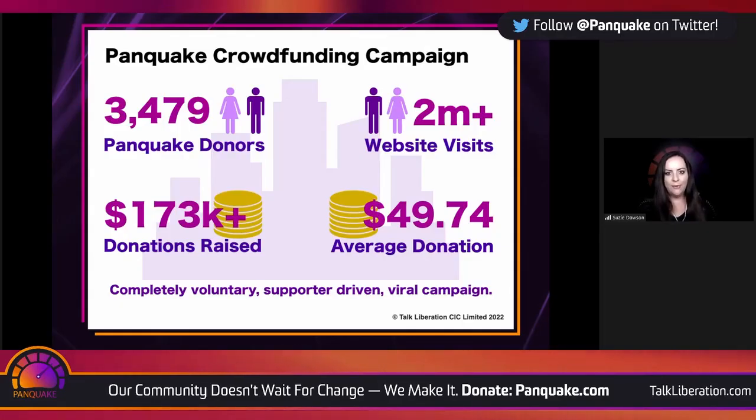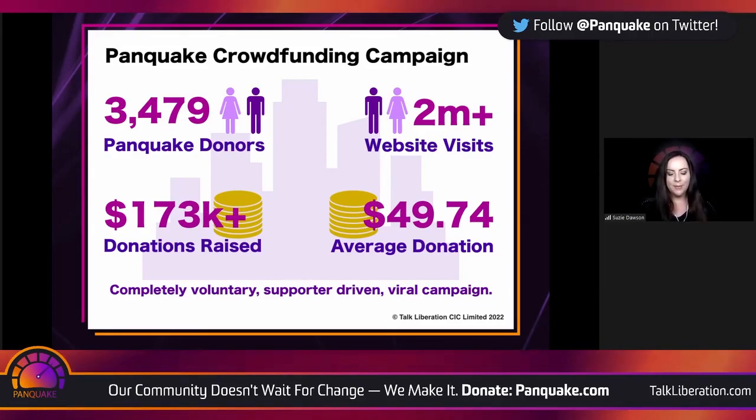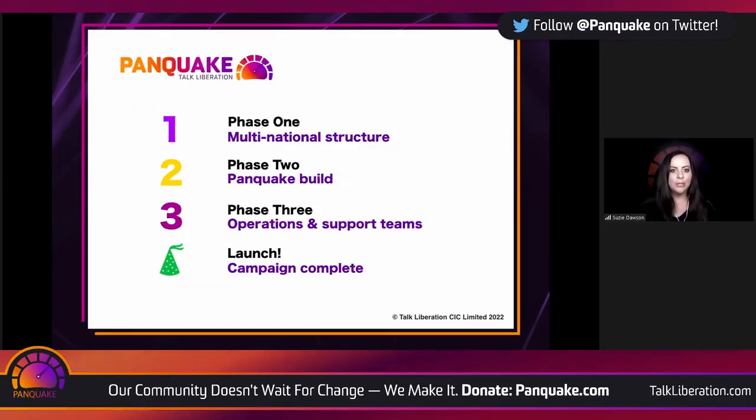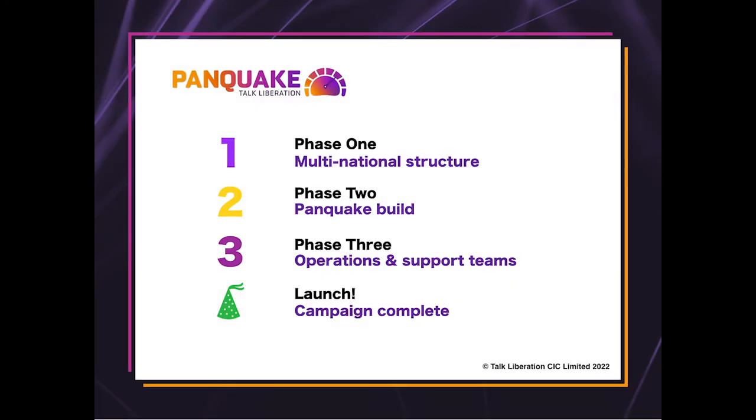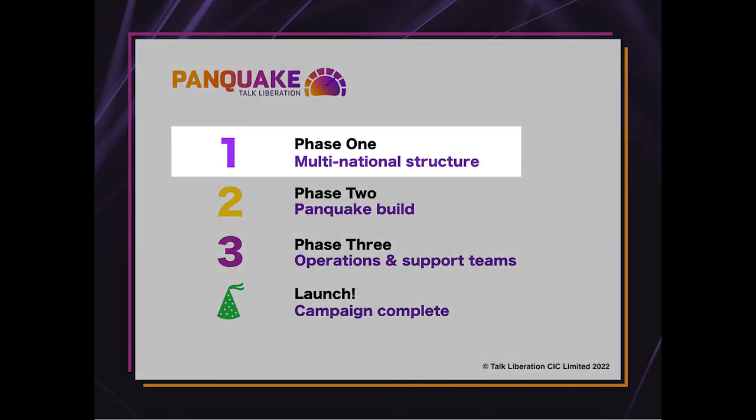Many people have heard about Panquake, and many people know that Panquake is coming. And now you get to see what it actually looks like. Our campaign is a 3-phase undertaking. In our first phase, we raised $50,000, and that allowed us to set up a multinational corporate structure.